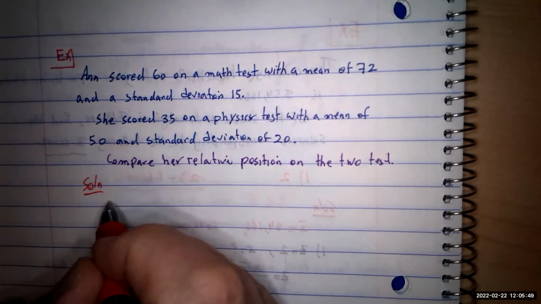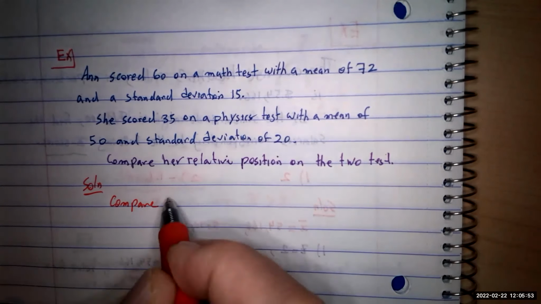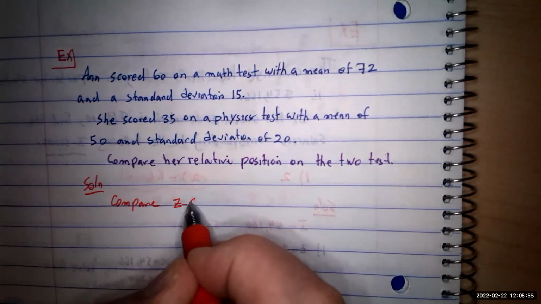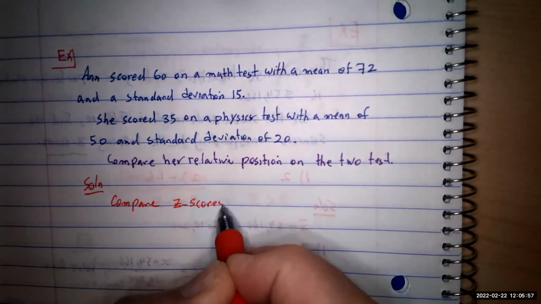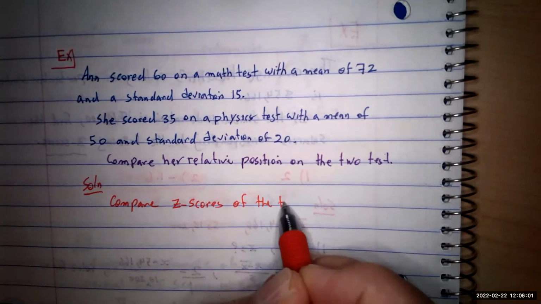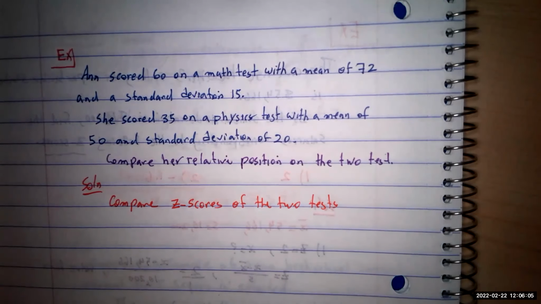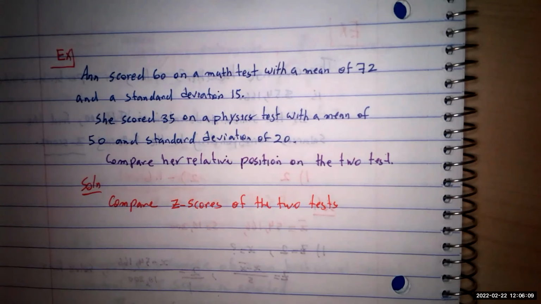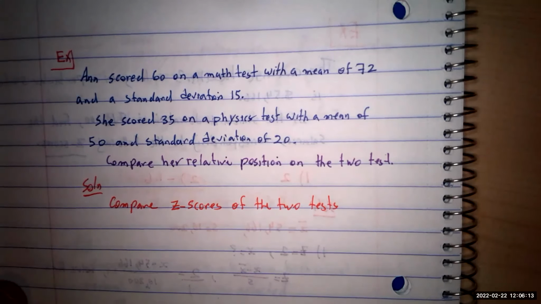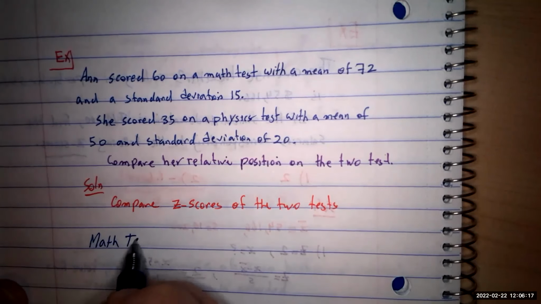So what we're going to do, we're going to compare z-scores of the 2 tests. Okay, so take them one by one. The first one is going to be mathematics, the math test.